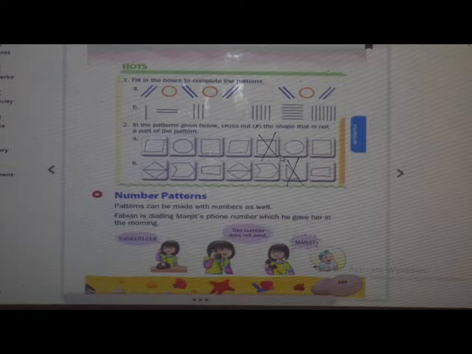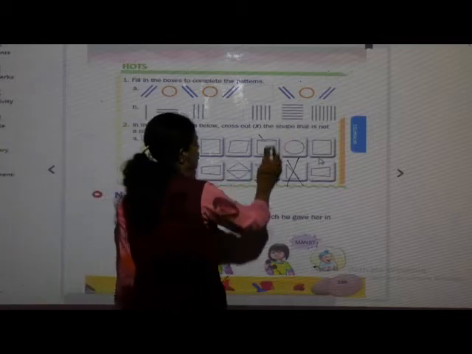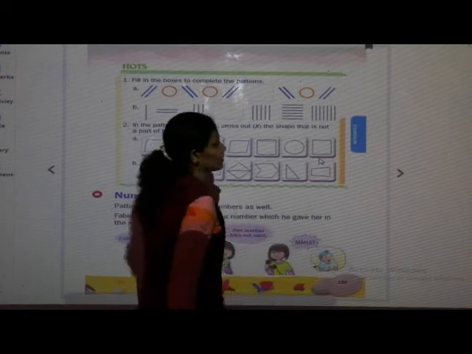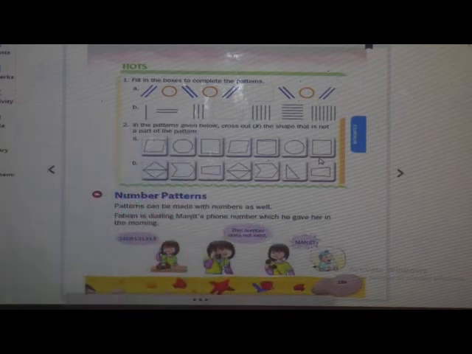Next concept is number pattern. What, students? Number pattern. See students, when I was giving the introduction of patterns, that time only I introduced that we can form patterns of anything. Patterns ये किसके भी बना सकते हैं, whether it is of shapes, figures, letters or numbers.